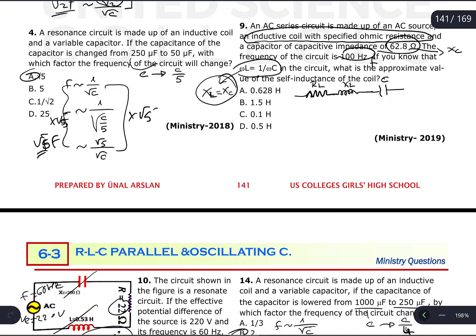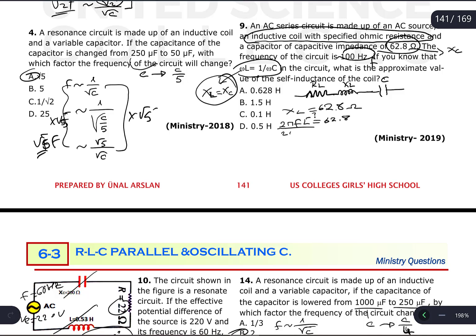And because XC and XL are equal, XL also must be equal to 62.8 ohm. Then I'm going to write the equation for XL: 2 pi f L is 62.8. Then I will calculate L. L is the question.